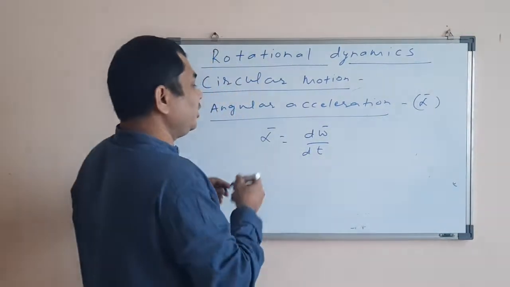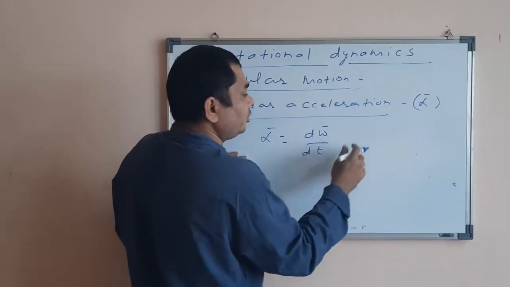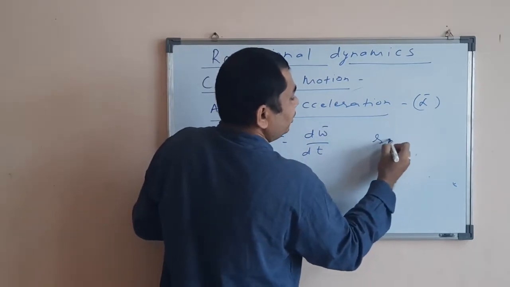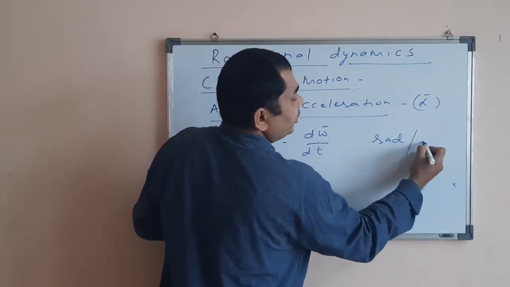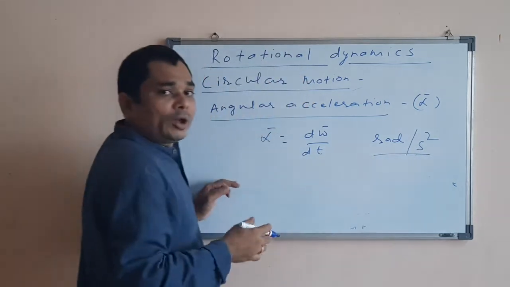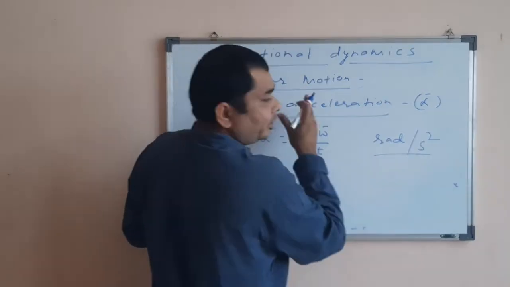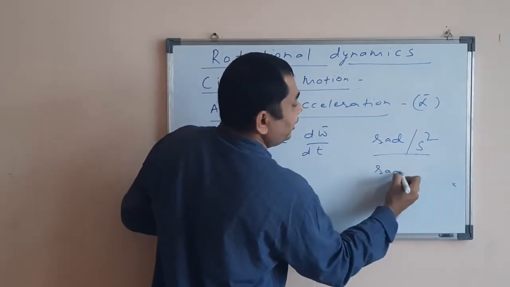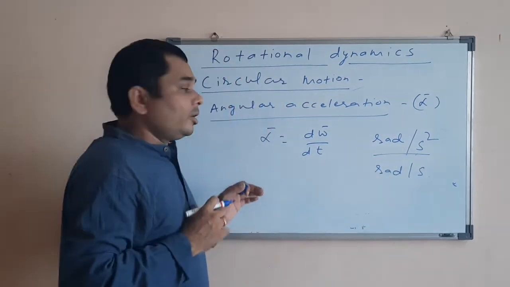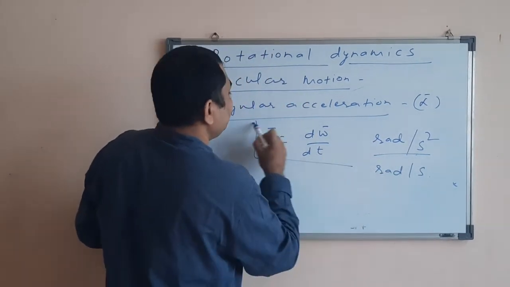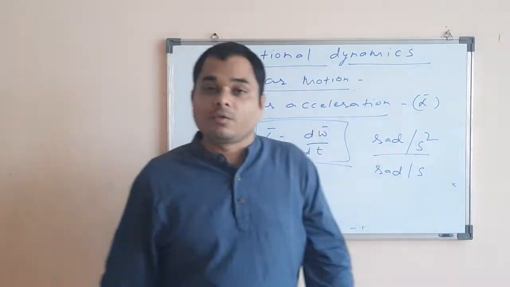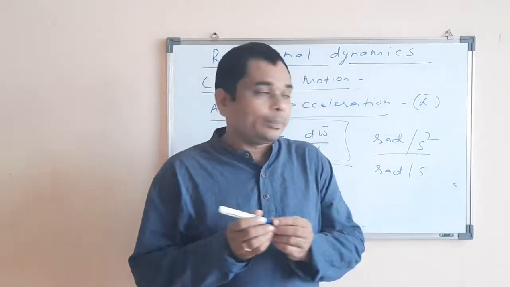So what will be the unit of angular acceleration then? See, the unit of angular acceleration will be radians per second square. What will be the unit of angular velocity? That will be radian per second. So angular acceleration is the rate of change of angular velocity with respect to time.